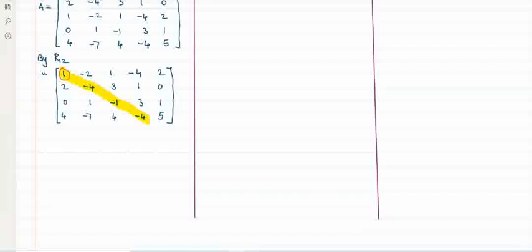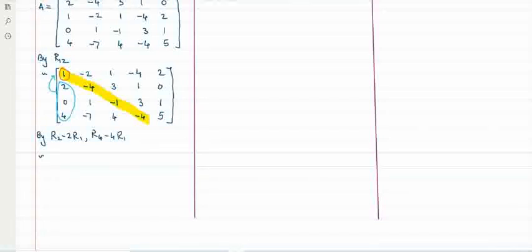So next you have to reduce the elements which are below A11 to 0 by using row transformation R1. Let me know the transformation: R2 minus 2R1, R4 minus 4R1. Already for R3, no change because it has 0.